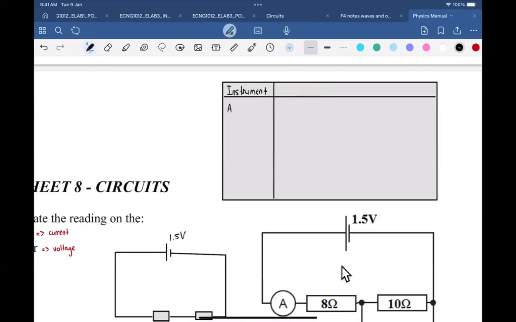So the instruments we typically use are an ammeter, a voltmeter, and not necessarily a galvanometer. We don't really use that much, but it did come in 2024, so I will not leave it out like last time.